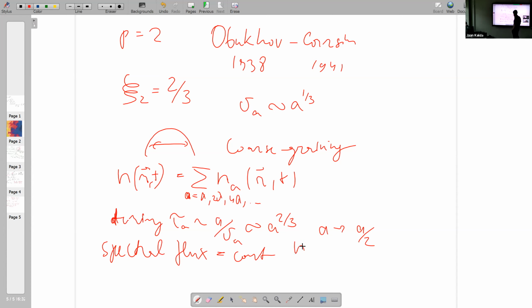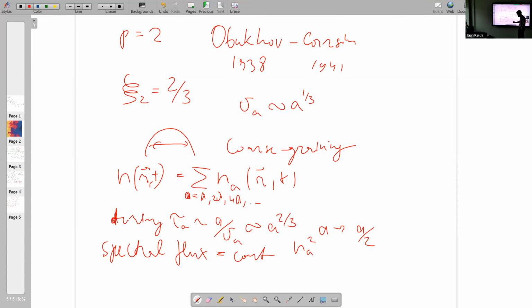The spectral flux is constant, meaning that n associated with scale A, squared and multiplied by the total volume, gives you the spectral energy associated with that scale. During time tau_A this goes to a smaller scale.